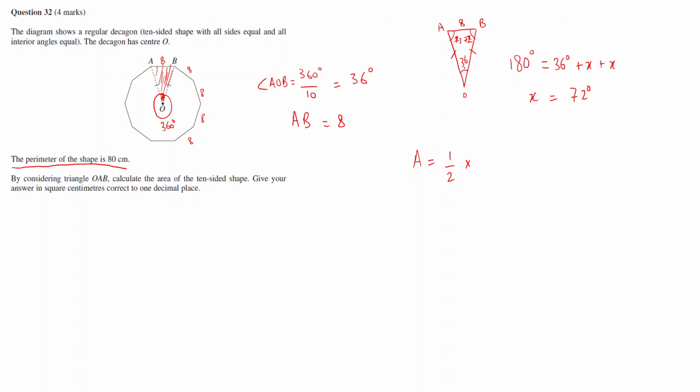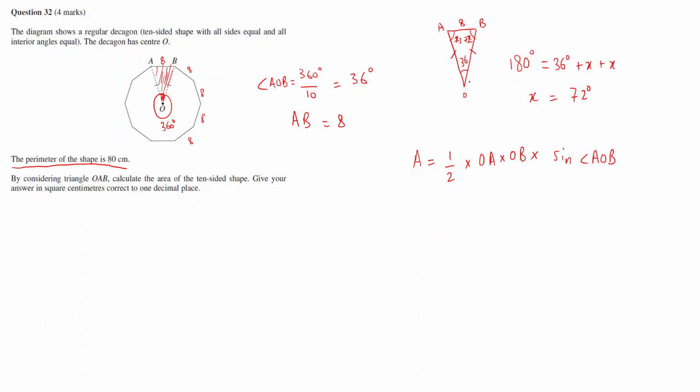In this case, considering this 36 degrees, the two sides would be OA multiplied by OB multiplied by the sine of AOB. Eventually what I want is this area. Now I'm quite close to getting it. I know angle AOB. All I need to do is work out what OA and OB are, right?